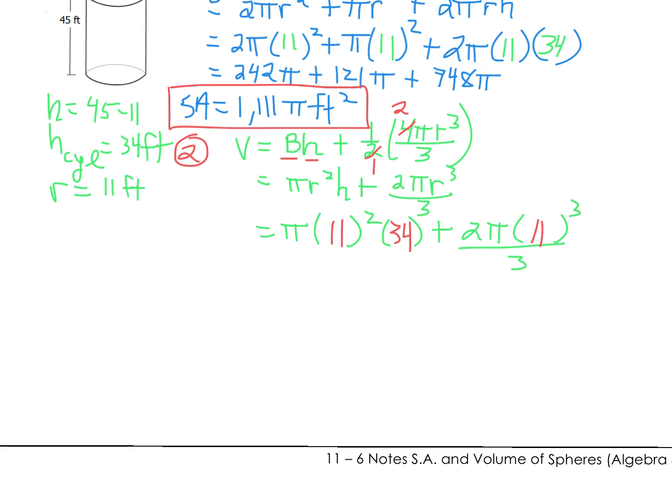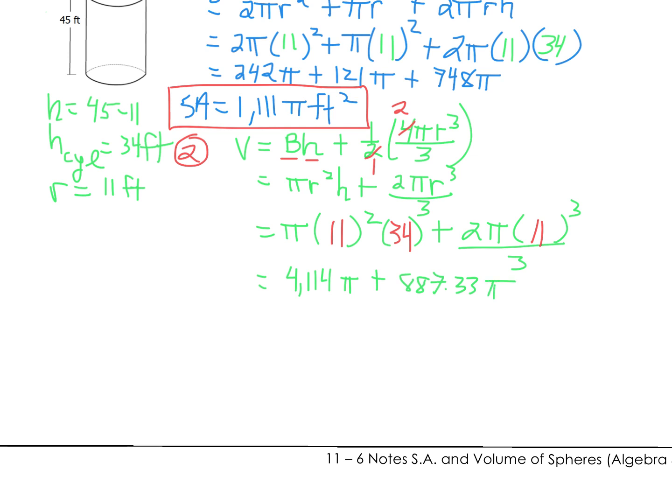All right, so for our first part, we get 4,114 pi plus, then over here we're going to cube the 11, so 11 to the third is 1,331, then times 2 makes that 2,662, and then divided by 3 gives us, and this is going to be an approximate, 887.33, and you could go out to 5 places, but it's just 33 repeating, and then that's pi.